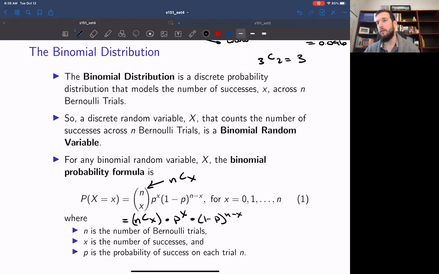And if you're following along, you can see that all this formula does is generalize the result from the tree diagram that we showed above. It's just saying, take the probability of success, put it to the power of the number of successes, take the probability of failure, put it to the power of the number of failures, multiply those together, and then multiply that by all the ways of observing X successes across n Bernoulli trials.